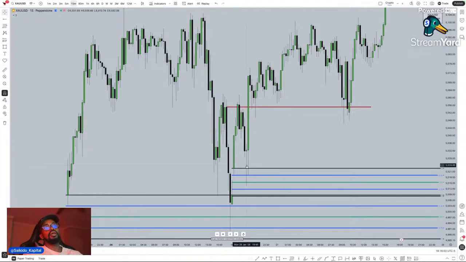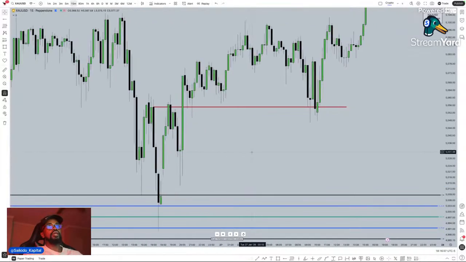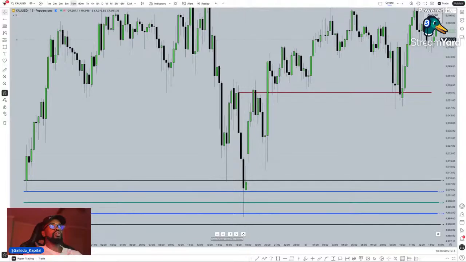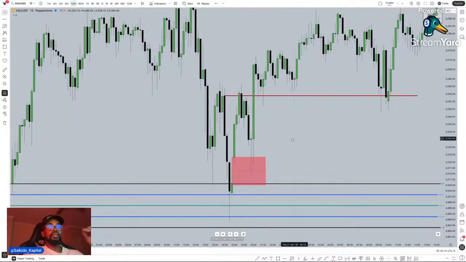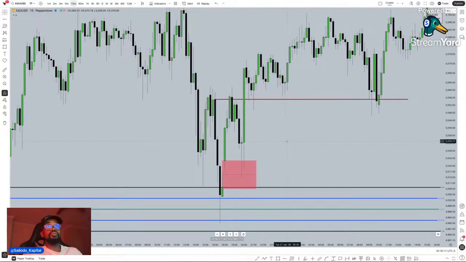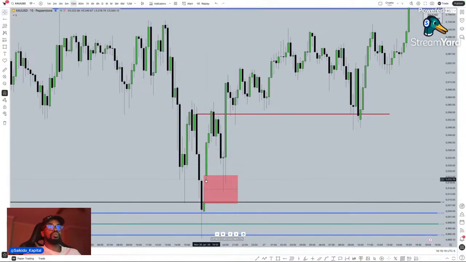This is a message. It's telling us that it is very sensitive, and we are still bullish, very bullish, because we gapped higher this morning. This was on Monday, so this is Monday's opening, and look at the candles and the displacement that came after that.